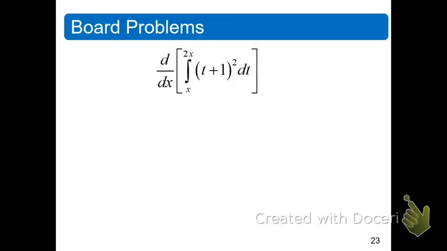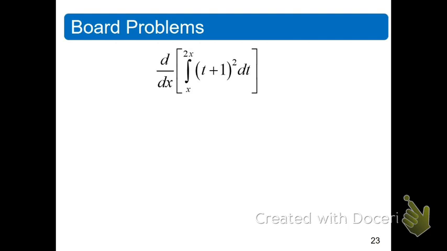Now, notice on this one, I have from a variable to a variable. Now, this we have to do differently, because every time it's been from a constant to a variable. Between x and 2x, we know there's some constant between x and 2x.